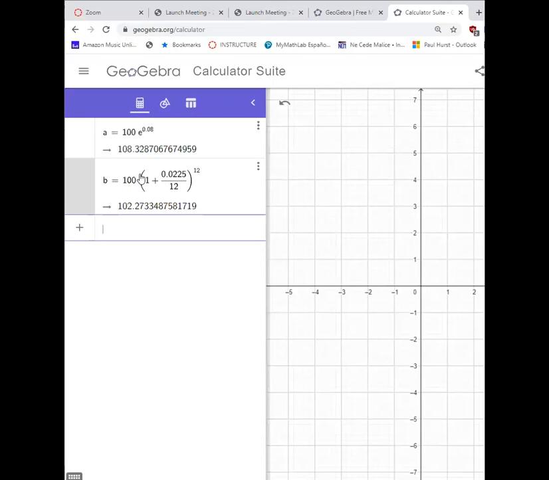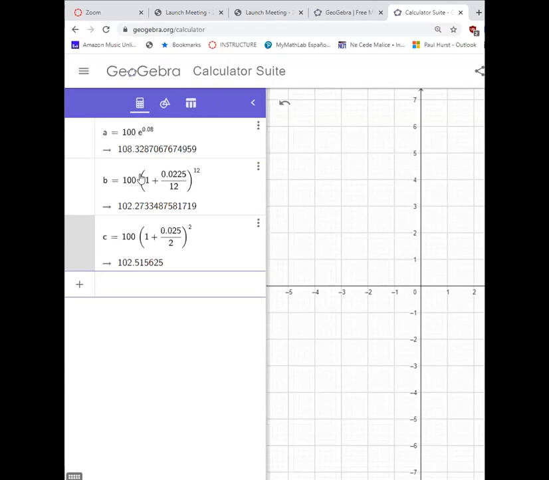Okay, so that yields $102.27. And then the next one was 100 times 1 plus 0.025 divided by 2. In GeoGebra, you don't necessarily have to write a times sign, but in Excel you do.